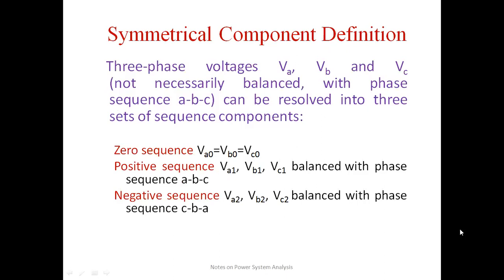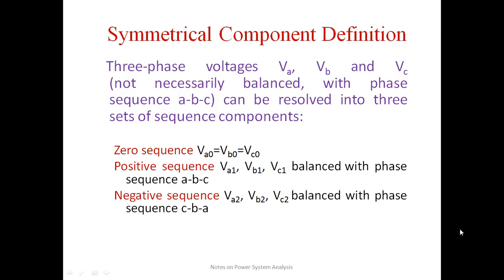Symmetrical component definition: three-phase voltages VA, VB, and VC, not necessarily balanced, with phase sequence ABC, can be resolved into three sets of sequence components. First is the zero sequence component, denoted by VA0, which is equal to VB0, which is equal to VC0. It means the magnitude of the zero sequence component of all phases is equal.